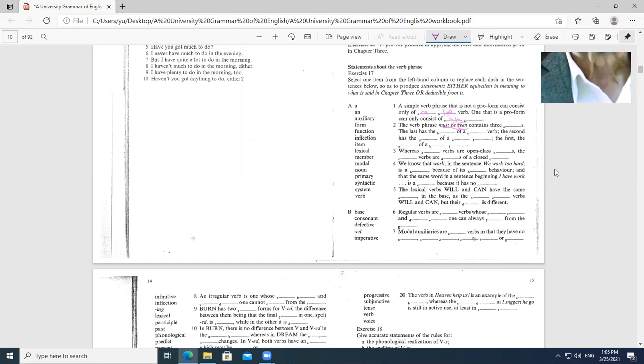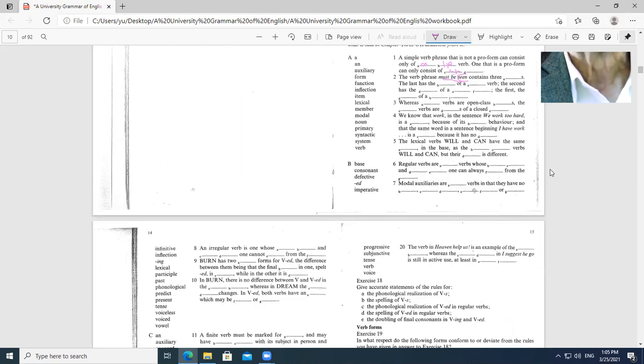Number 3. What verbs are open class? Lexical verbs. Yes.